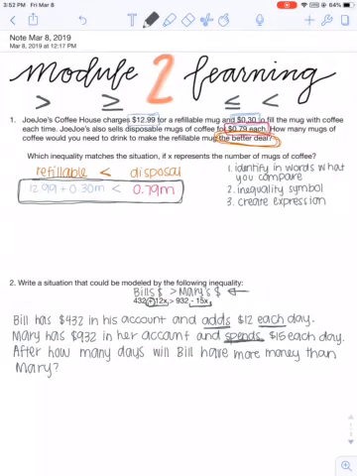So once again, if I were describing it as steps, the first thing I'm going to do is identify in words, just like on number 1. So identify in words. My second step is going to be to write the expressions as sentences.